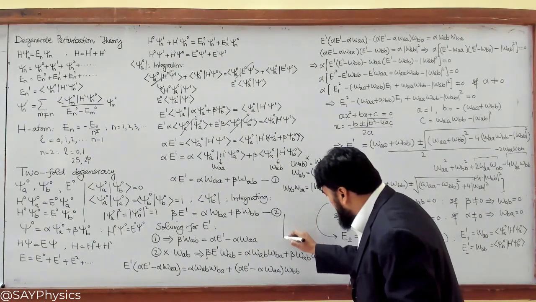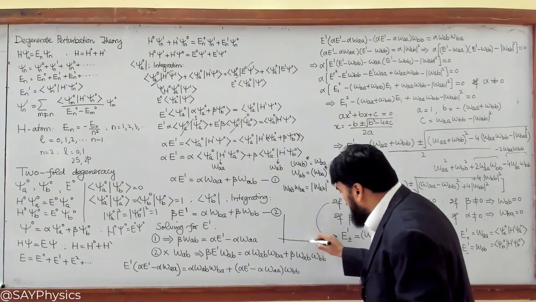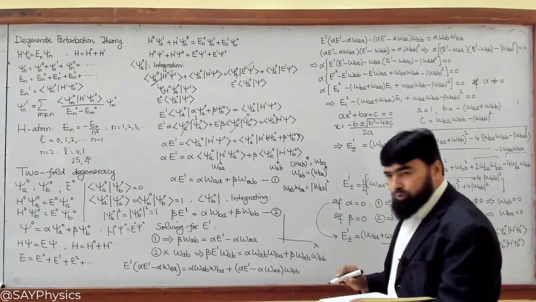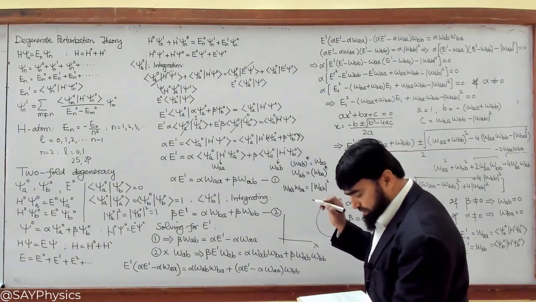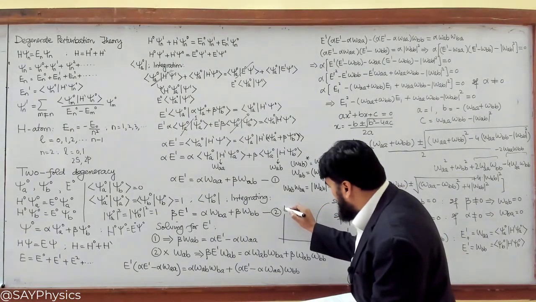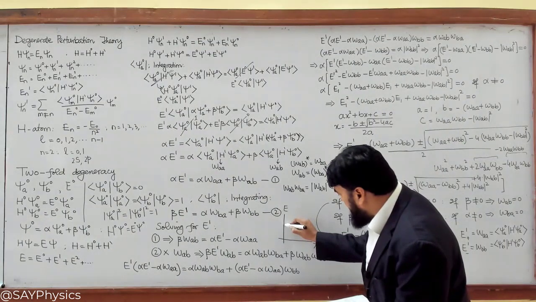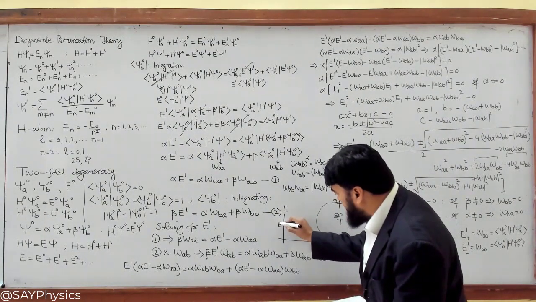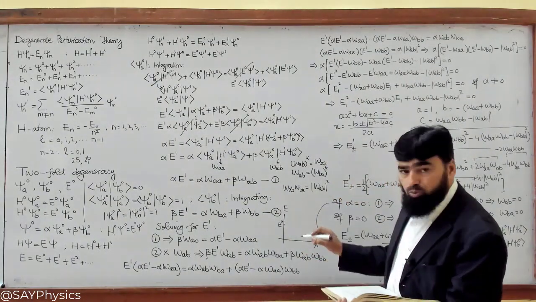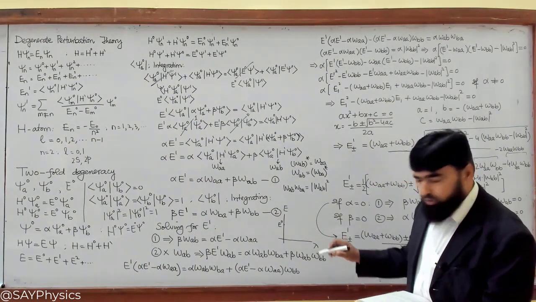Let's say these are the values, lambda, and this is the energy E on this axis. So we were having the value A0 here. This was a single value.